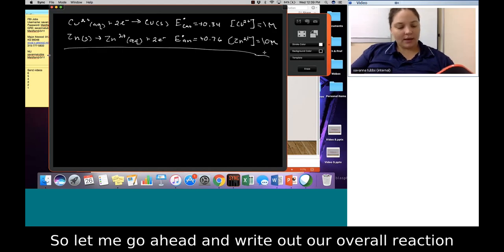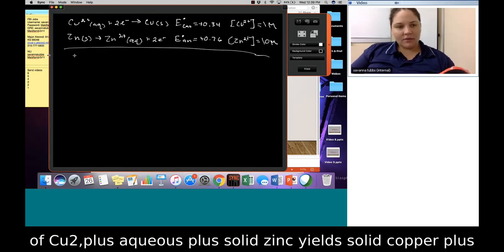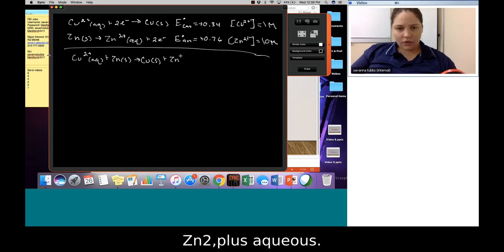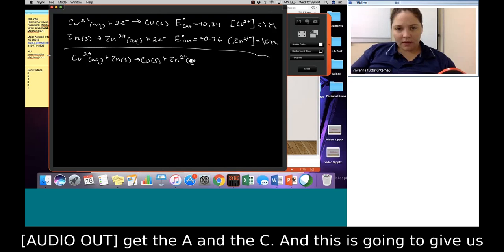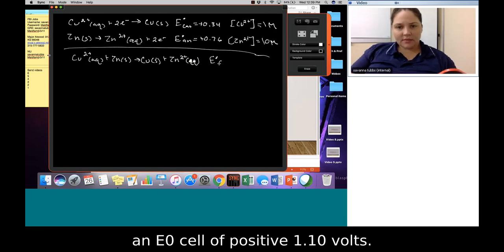So let me go ahead and write out our overall reaction of Cu2+ aqueous plus solid zinc yields solid copper plus Zn2+ aqueous, and this is going to give us an E naught cell of positive 1.10 volts.